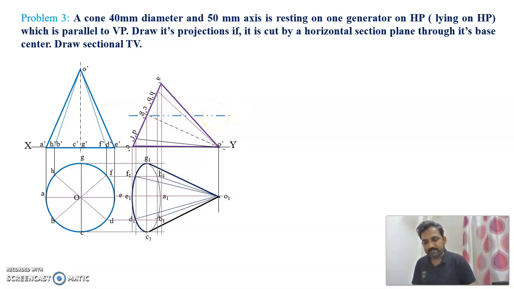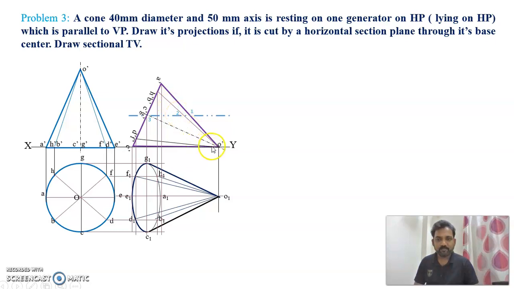Let's see which sides it cuts. So we'll start from this side. O dash A dash. This is the first it will cut, so mark it as 1. Then O dash B dash, mark it as 2.